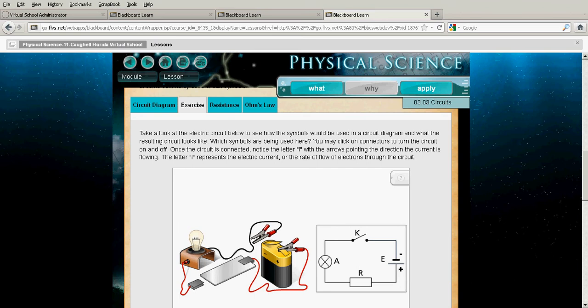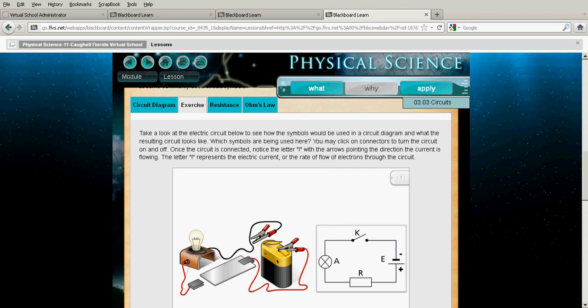Okay, so we've got this diagram here and what it should look like. So which symbols are being used here? Let's click the connectors to turn the circuit on and off. Once the circuit is connected, notice the letter I with the arrows pointing the direction the current is flowing.